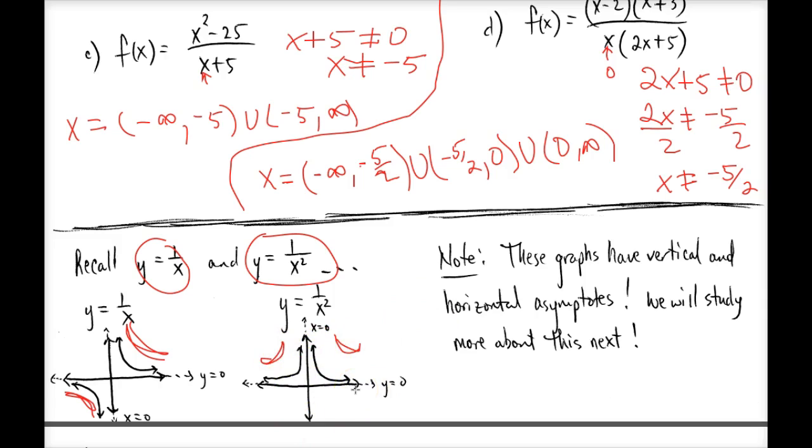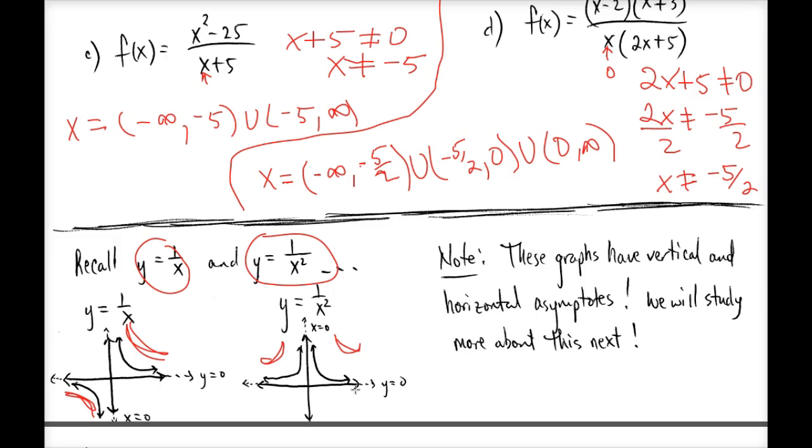But mainly speaking here, we want to recall these type of functions because they play a huge role in being able to have us graph rational functions that are a little bit more complex later on, especially when we start to talk about the behavior around a vertical asymptote. And we'll learn what a vertical and horizontal asymptote is here in just a second.